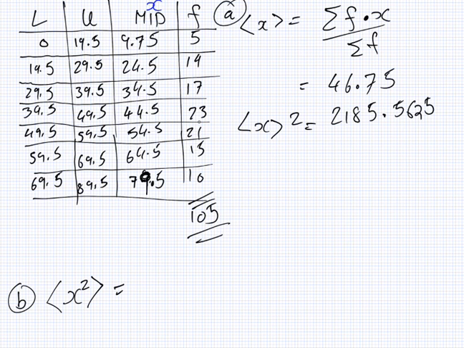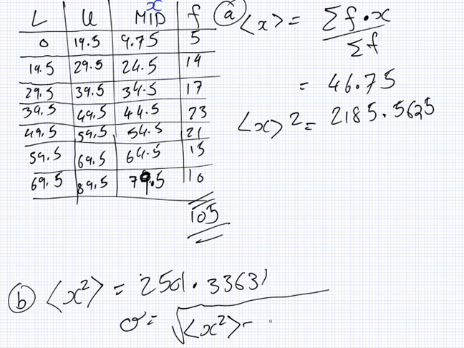So 9.75 squared times 5 plus 24.5 squared times 14 plus 34.5 squared times 17 plus 44.5 squared times 23 plus 54.5 squared times 21 plus 64.5 squared times 15 plus 79.5 squared times 10, and then divided by 105. So that comes in at 2501.33631.